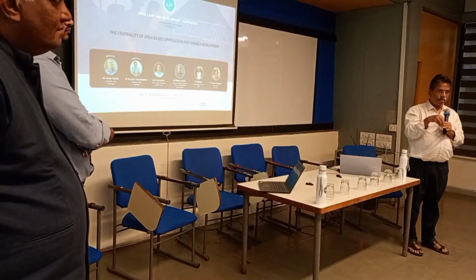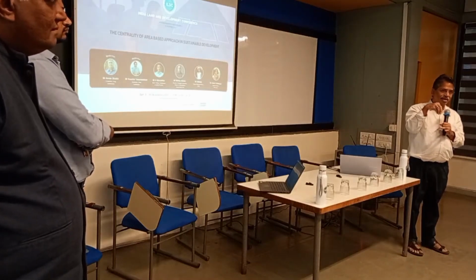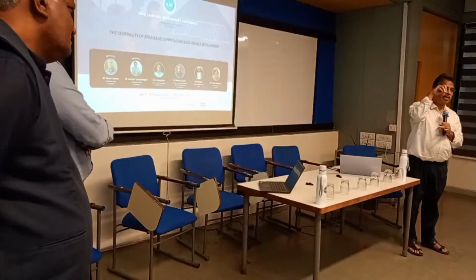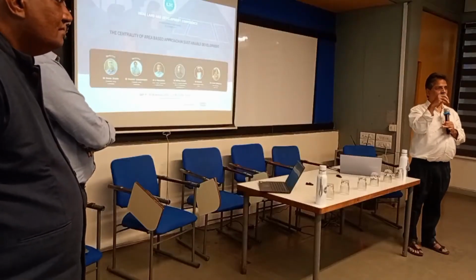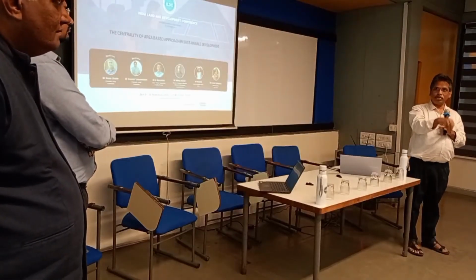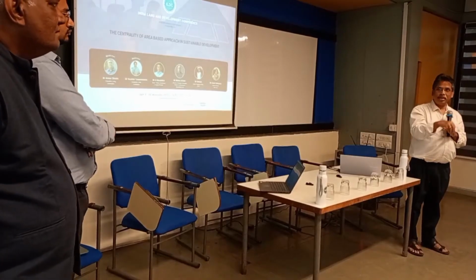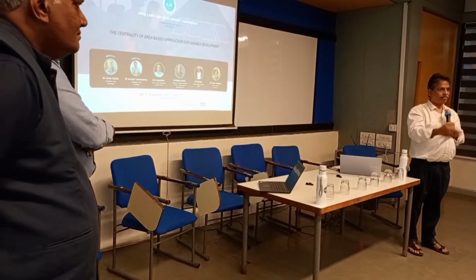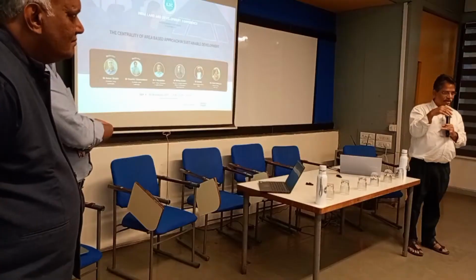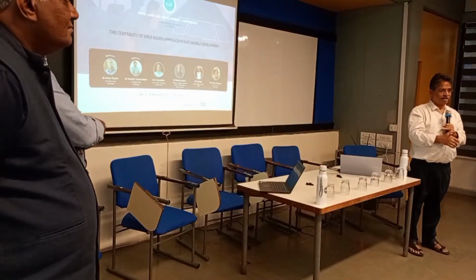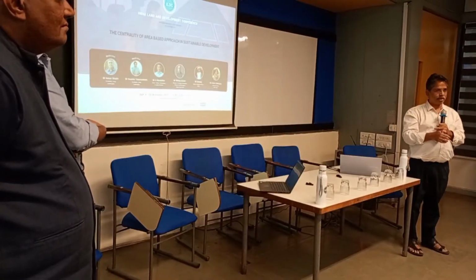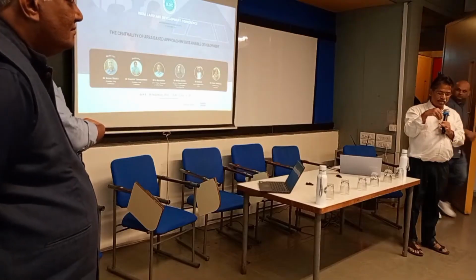The fourth requirement is what the government at that level is saying. Maybe the collector, maybe the ITDA project officer, maybe the DRDA PD, whoever the government officer taking charge is. Are they saying yes to this or not? That is the fourth principle. Fifth is technology.